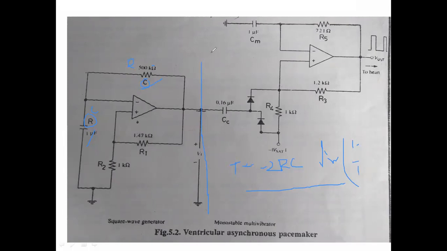So who is this producing this one, this block? So this square block who is producing, how it is coming? Please move this window away. Emma, please move this window away.